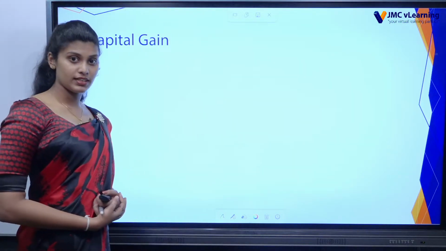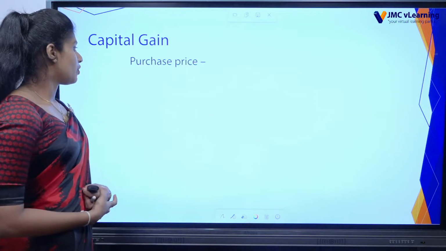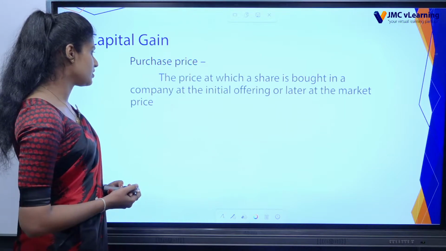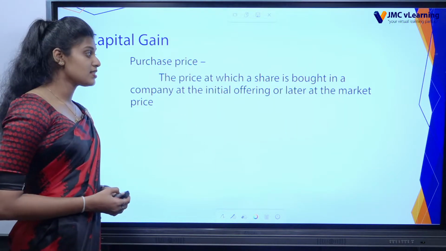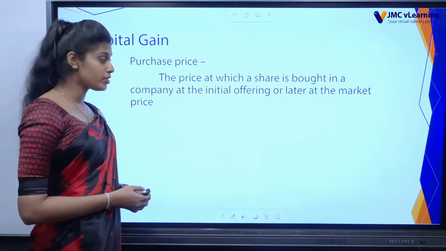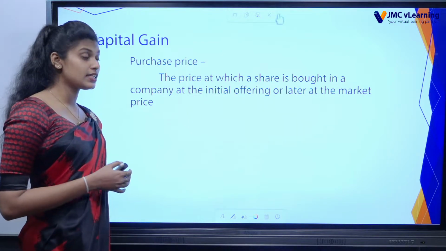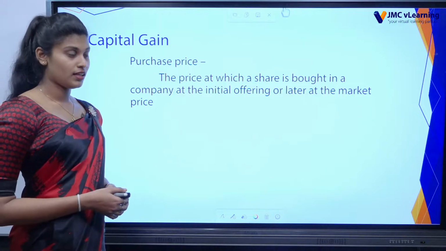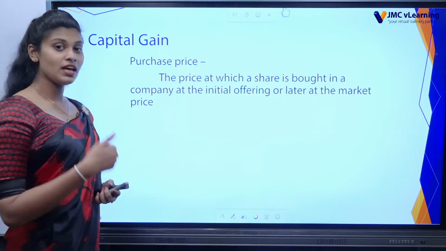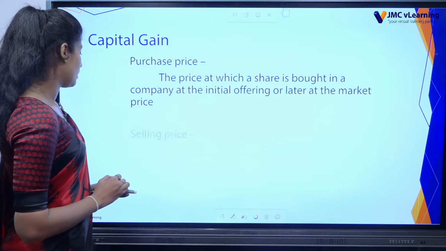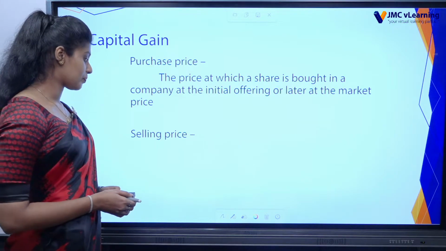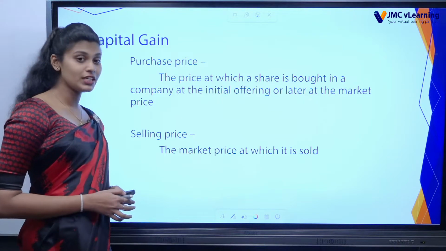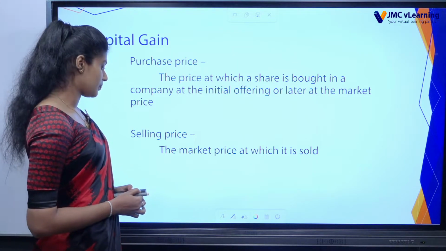Then capital gain. What is the meaning of purchase price? The price at which a share is bought in a company at the initial offering or later at the market price. Purchase price means the cost. Then selling price. Selling price means the market price at which it is sold.